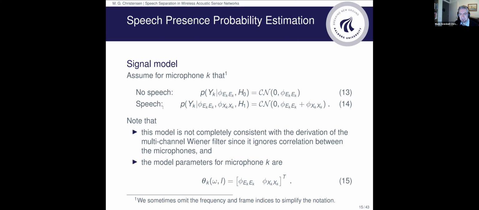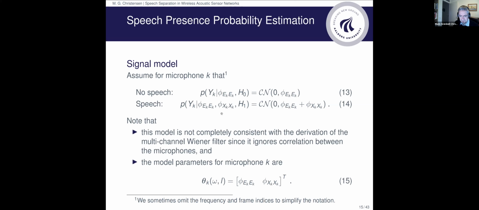And in case there is speech, then we have two parameters, namely the variance of the noise and the variance of the speech. So this is a very simple model for a particular microphone, making use of the variance of the noise and the variance of the speech.